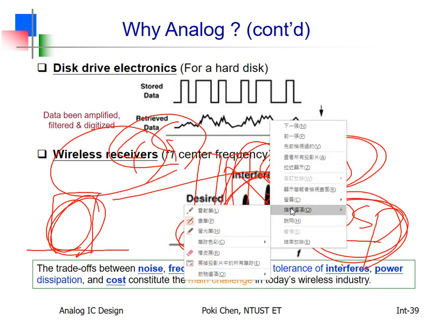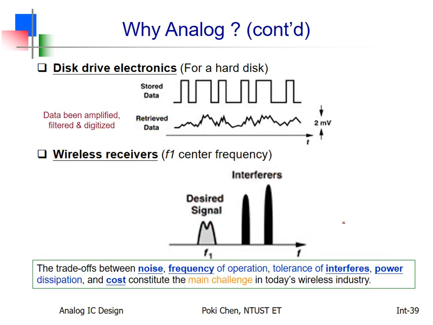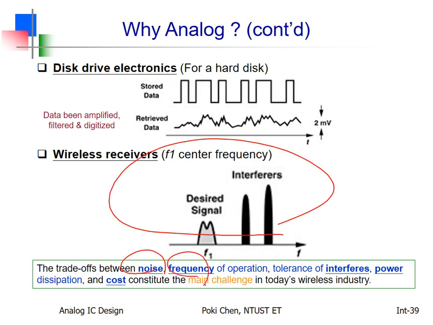So there are many issues for you to consider in such analog design: the noise, the frequency of your operation, and out of that, it will become the interference. How much power you need to take and how much cost. All of them are your challenges.